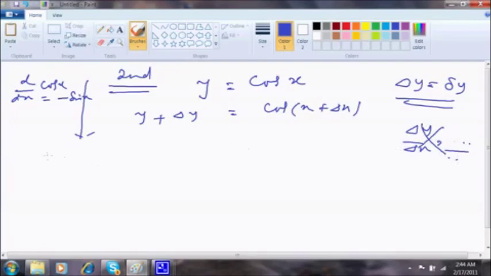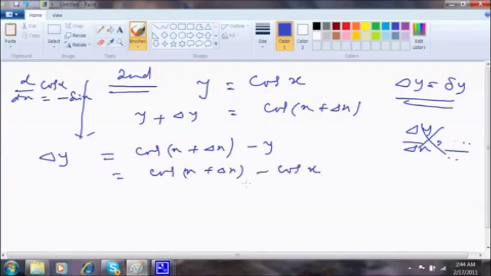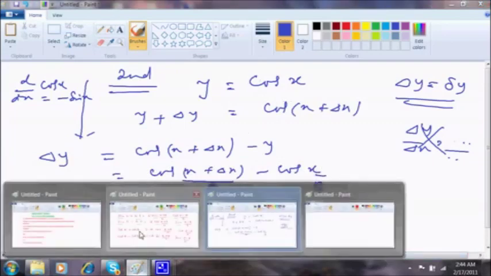Now delta y is cos of x plus delta x minus y. So this is cos of x plus delta x minus cos x, because y is cos x. Now this I'm taking as a, this I'm taking as b, as discussed.